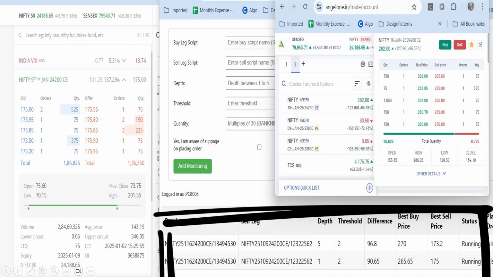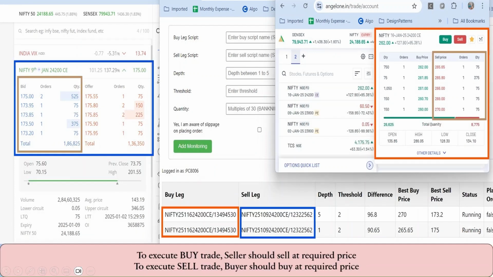The middle portion is the plugin that we developed. You can see that both buy leg and sell leg for both the rows are exactly the same, but the depth is different. One is having a depth of 5 and another is having a depth of 1.